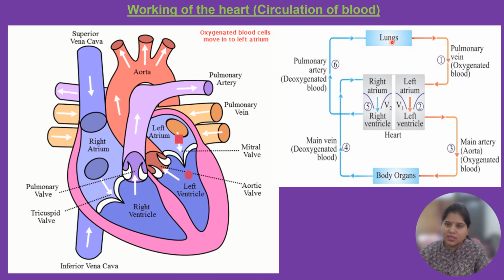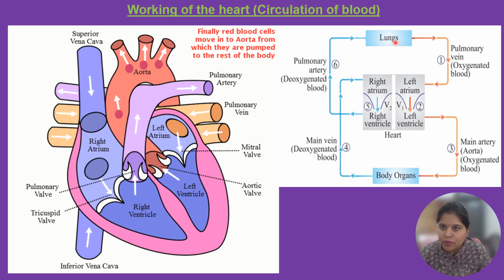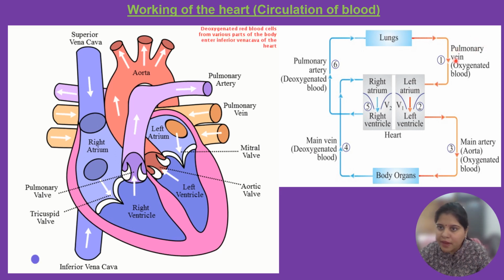Consider from the lungs. Lungs are responsible for the gaseous exchange. You imagine the lungs have oxygen. So when the blood passes through the lungs, blood becomes oxygenated. Now from the lungs, with the help of the pulmonary vein, oxygenated blood enters the left atrium.